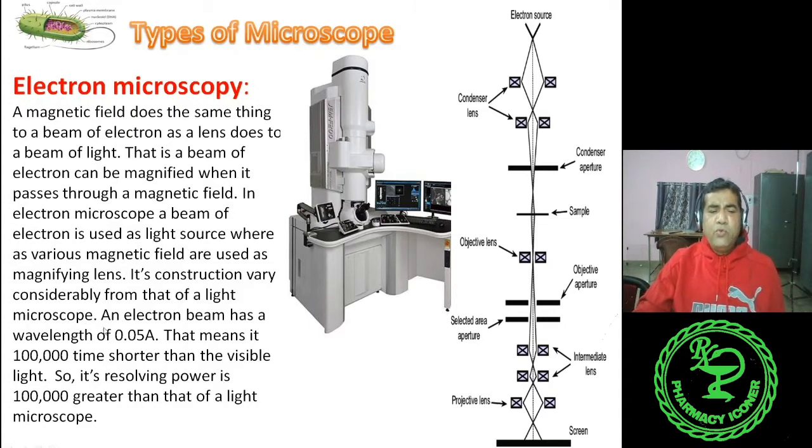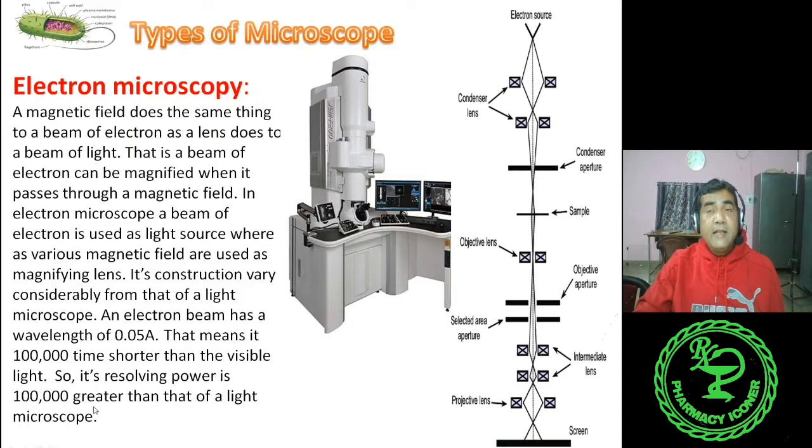So why do we do all this? Because the electron beam has a wavelength of 0.05 Angstrom, not micrometer, Angstrom. It means it is 100,000 times shorter than visible light. So its resolving power is 100,000 times greater than light.